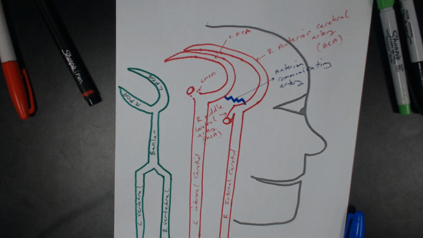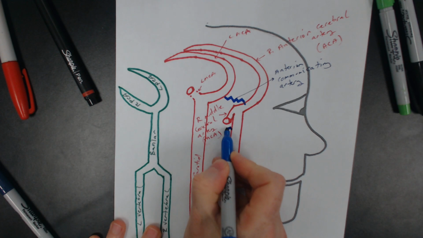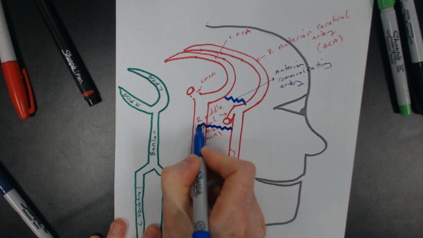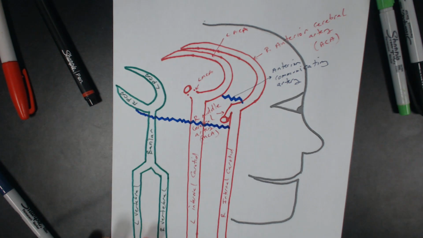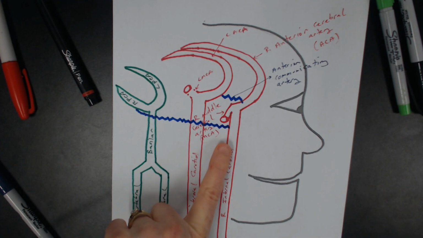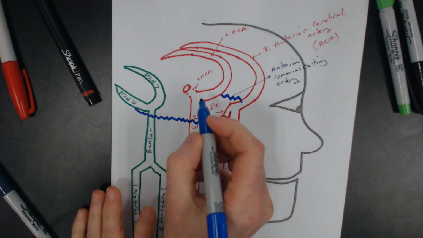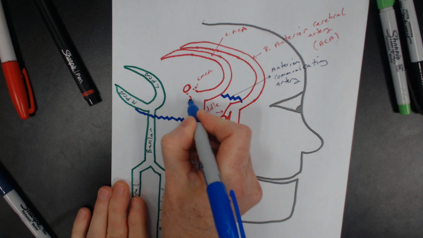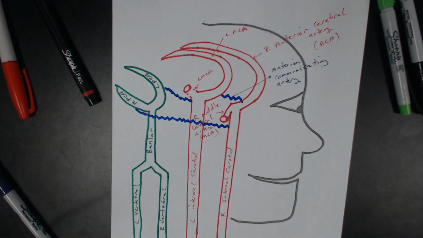Okay, other parts to the circle of Willis that we can draw in here. Connecting the right PCA with the internal carotid, there is an artery here. I'm going to try and draw it there. Okay, so connecting the right internal carotid with the right PCA and connecting the left internal carotid with the left PCA, there is a pair of arteries.